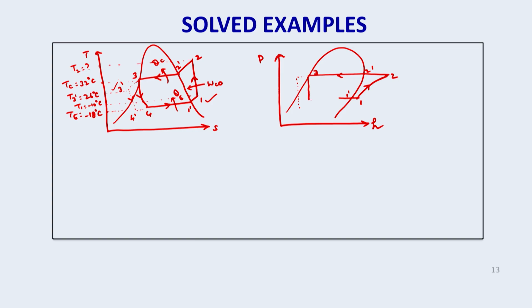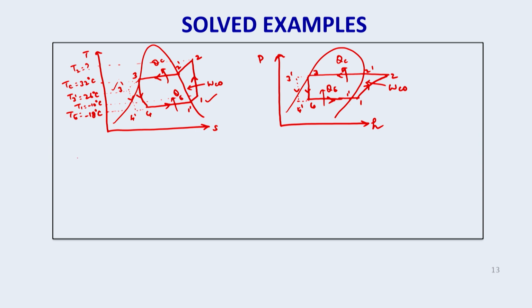This is without subcooling. And the dotted portion, this is 3 dash. 3 to 4 is throttling process without considering subcooling, and this is 4 dash. So this is evaporator heat load, condenser heat load, work of compression. Let us write this point here. This point is, okay, let 1 dash.